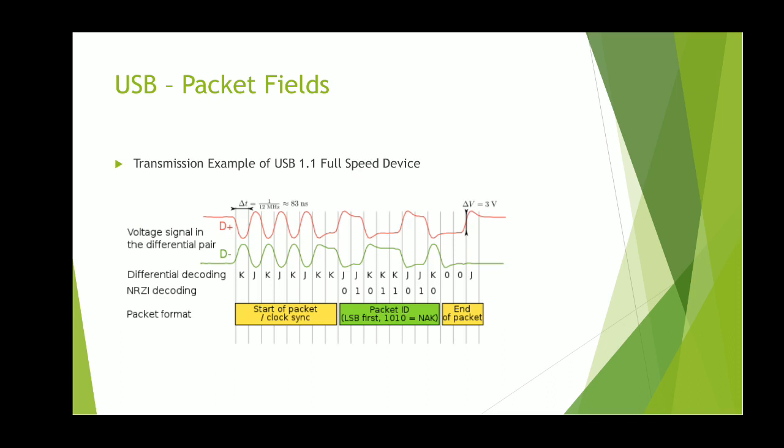Here we can see the packet identifier, shown in the green block, which is 8 bits long. The first 4 bits are 0101, followed by the 1s complement of the packet identifier, that is the 1s complement of 0101, which is 1010. So overall 8 bits.